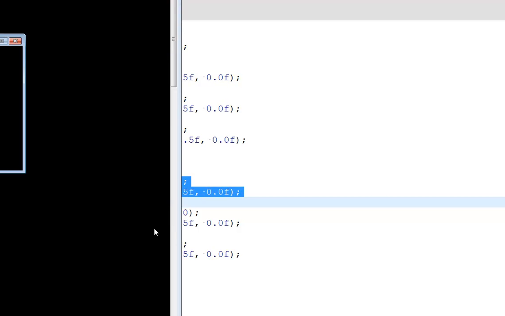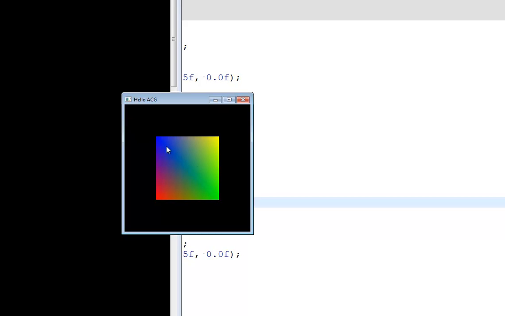If I render that, now I see the square where each corner is a different color, and it really does seem to smoothly change throughout the square. You can't see this diagonal edge so well anymore because this corner is drawn the same way both times, and this corner is also drawn the same way both times.